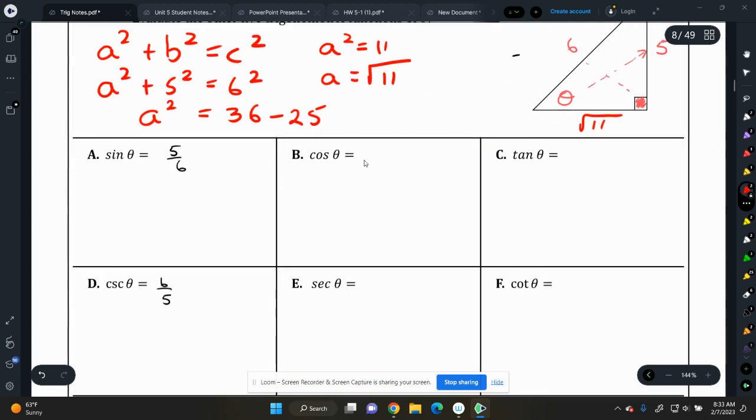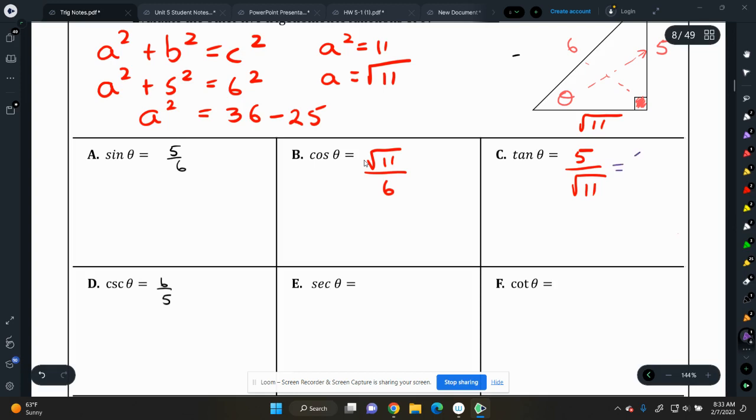So cosine is the adjacent, which is the square root of 11 over the hypotenuse, so over 6. Tangent is the opposite, so that's 5 over the adjacent. Now we can't leave the square root in the denominator, so we're going to remove it. Remember my little trick?